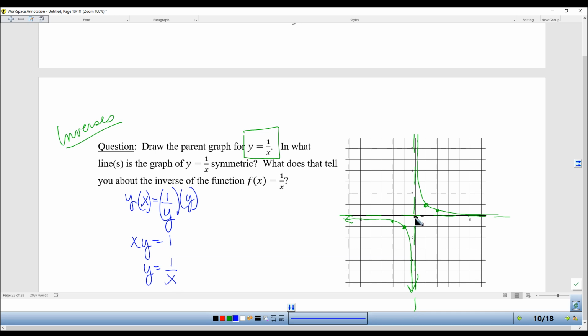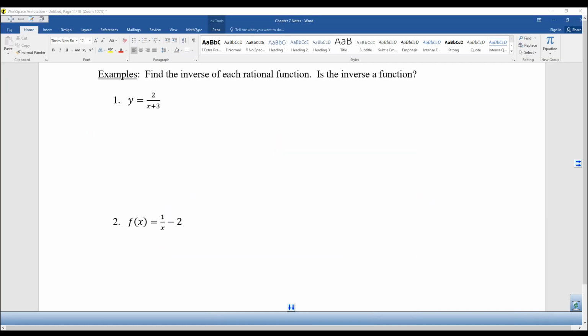And if you think about it, the inverse should be symmetric around the line y is equal to x. But this graph is already symmetric around the line y is equal to x. So its inverse is itself. So just a tricky little concept there, which is the main reason we didn't talk about inverses. Of course, if I shift it left, right, up, or down, it is going to have a different inverse. But just an interesting thing.